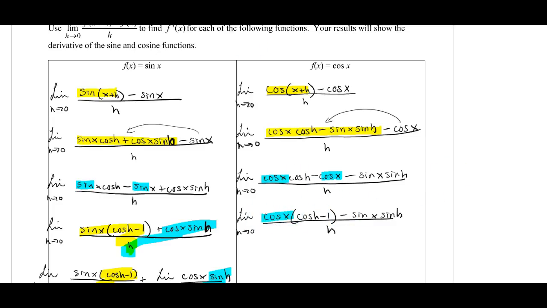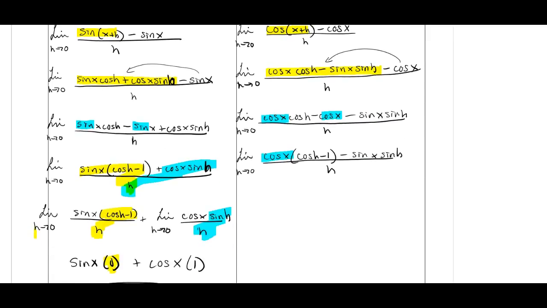Here's the cosine I factored out. And now I have the ability to split this into two separate limits. The limit as h approaches 0 of cosine x times cosine h minus 1 over h minus the limit as h approaches 0 of sine x sine h over h.